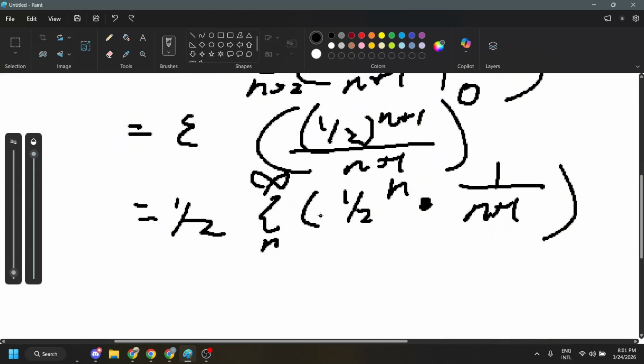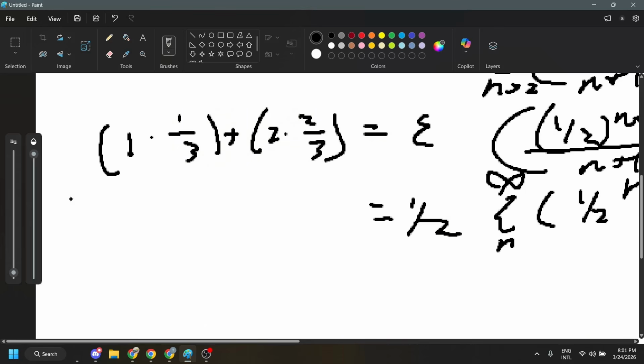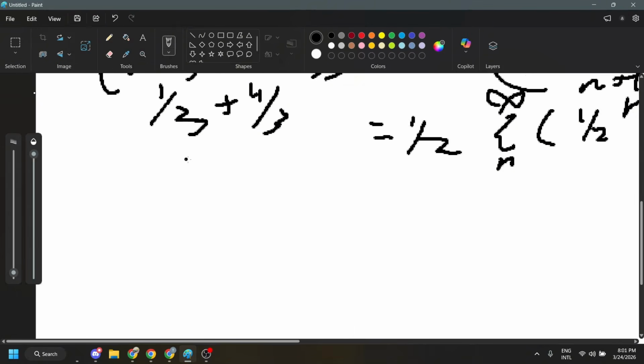Can I say this is this times the sum of this times the sum of this? Well, okay, let's say we have 1 times 1/3 plus 2 times 2/3. This is going to be equal to 1/3 plus 4/3, which is going to be equal to 5/3.